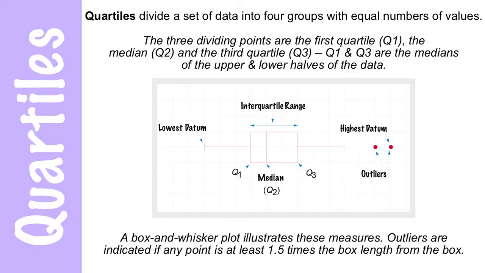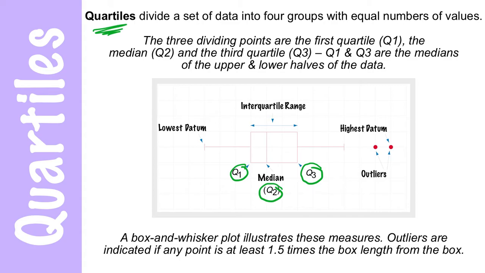Another measure of spread is quartiles. What quartiles do is divide a set of data into 4 equal groups. The 3 dividing points are the first quartile, the median or the second quartile, and the third quartile. So this will split the group into 4.